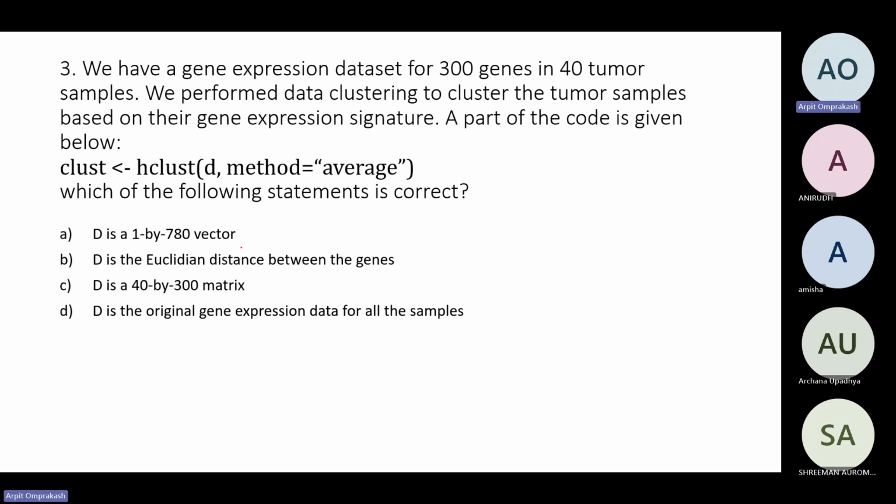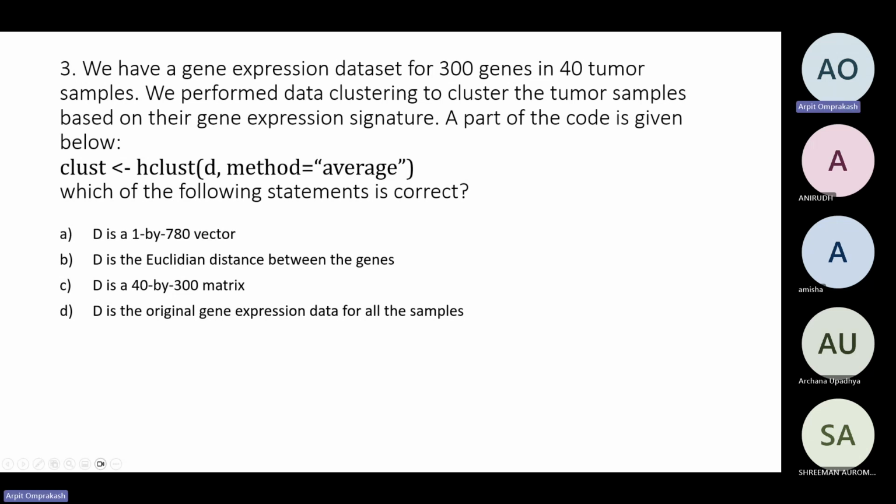D is a 1 by 780 vector. D is the Euclidean distance between the genes. D is a 40 by 300 matrix. D is the original gene expression data for all the samples. So we know that when we are using the hclust method, D is basically the pairwise distance between all the genes.